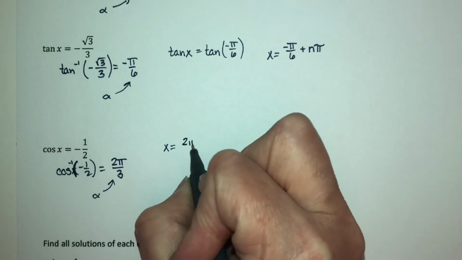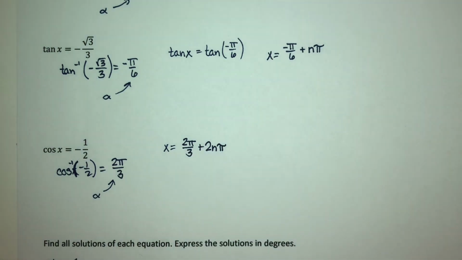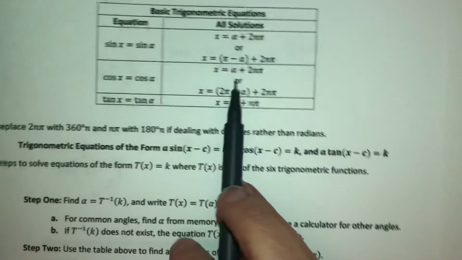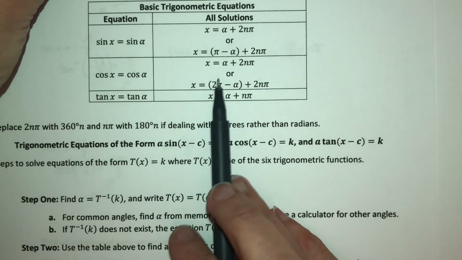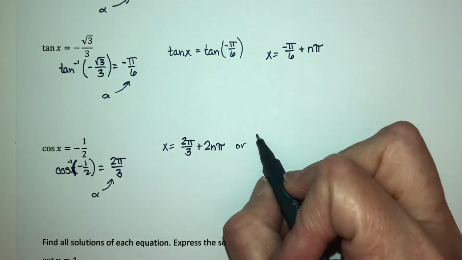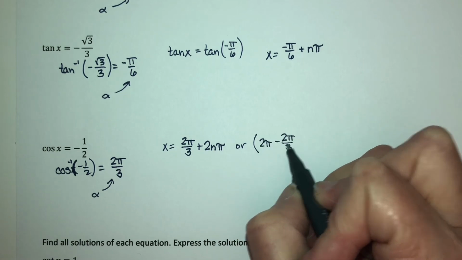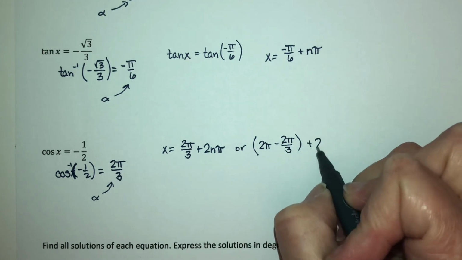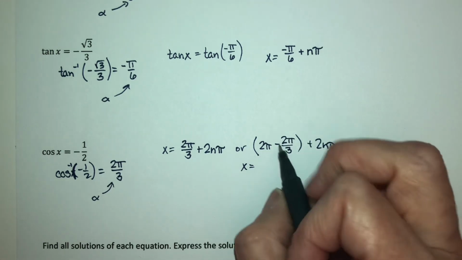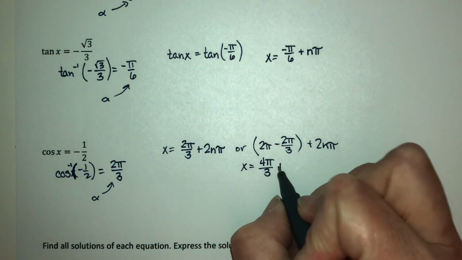So 2 pi over 3 plus 2n pi. Or our second set of possibilities, we subtract our alpha from 2 pi, and then add 2n pi. So 2 pi minus 2 pi over 3 plus 2n pi, which ends up being 4 pi over 3 plus 2n pi.